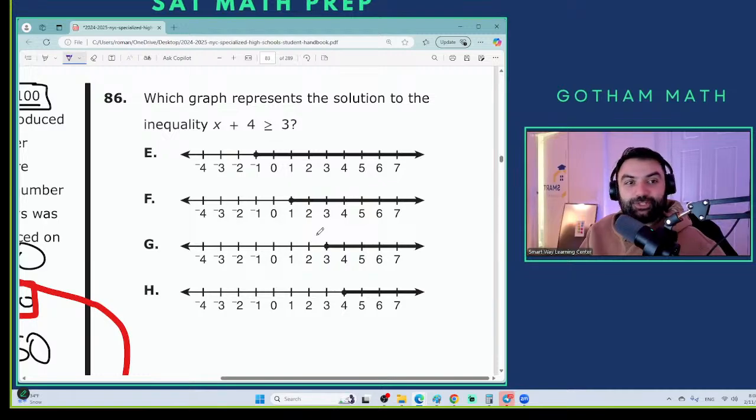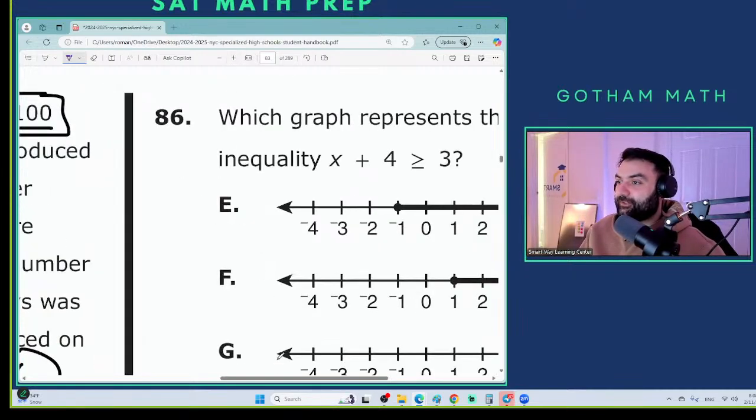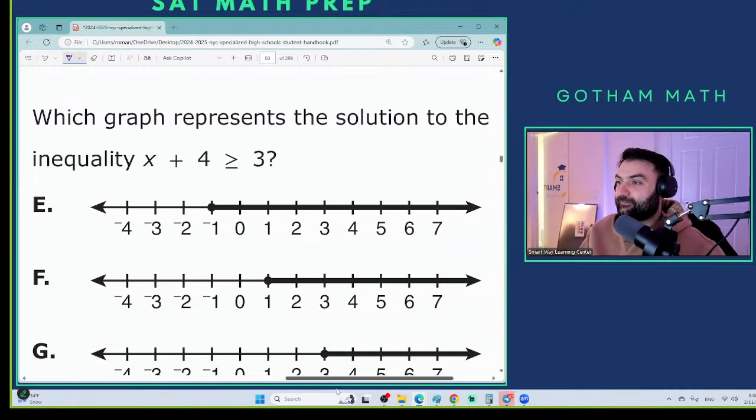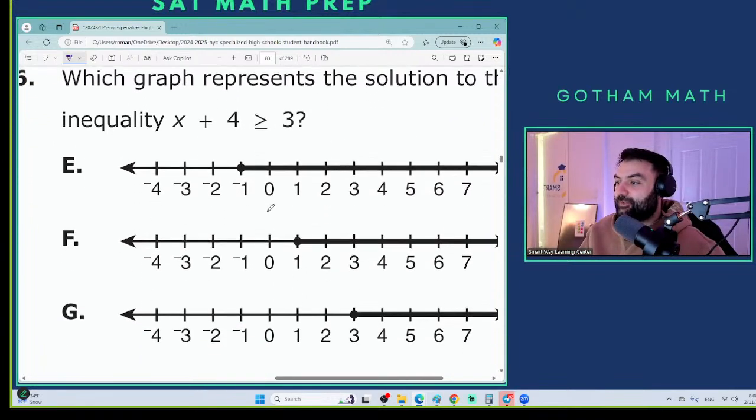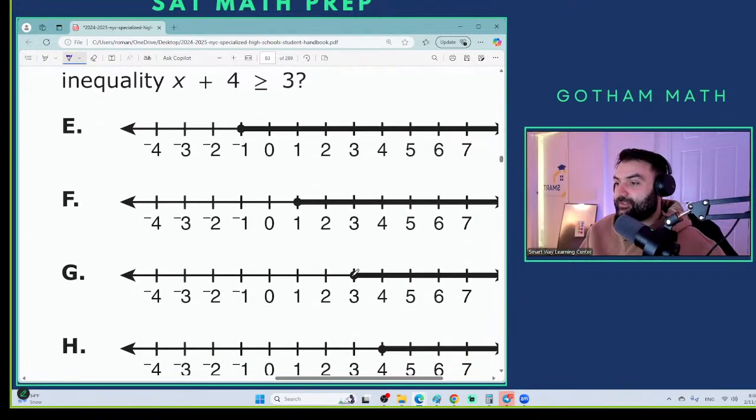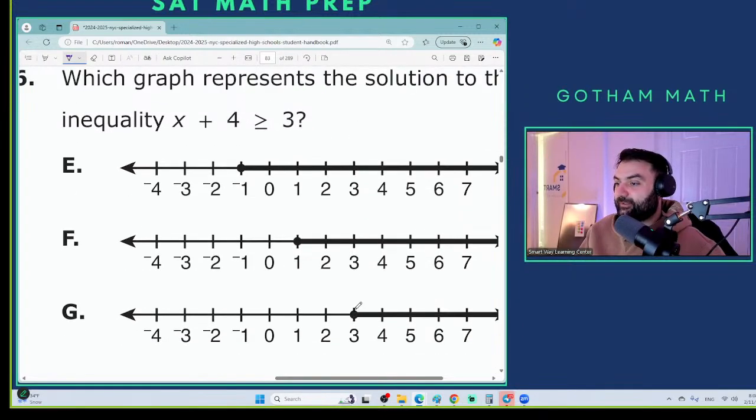You got G here. I want to hear how you got G. How did you get an answer that starts with 3? Explain. We don't have x here, we have x plus 4.